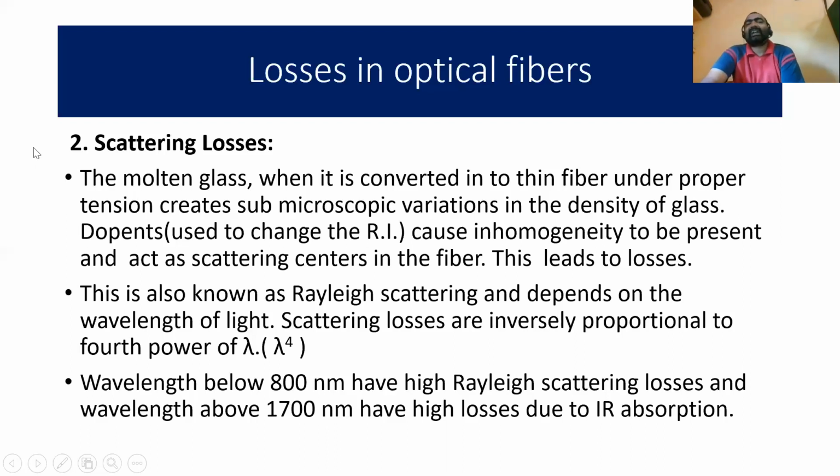This causes scattering losses. This is also known as Rayleigh scattering and depends upon the wavelength of the light. Scattering losses are inversely proportional to the fourth power of lambda. Wavelengths below 800 nanometers have high Rayleigh scattering losses, and wavelengths above 1700 nm have less loss due to IR absorption.